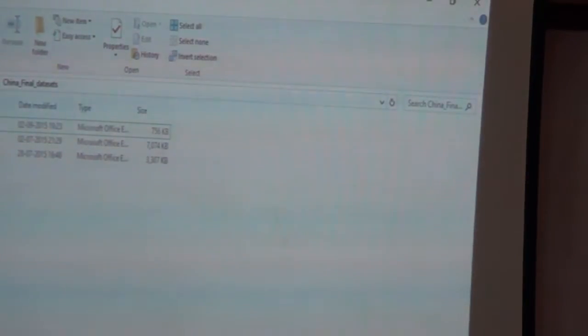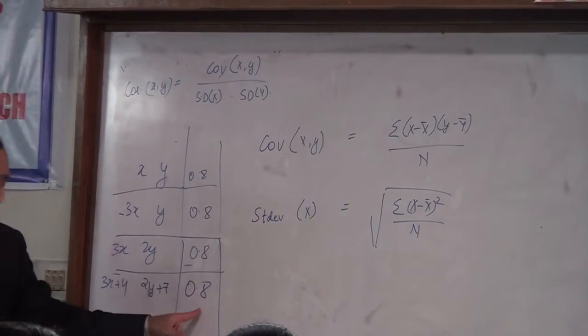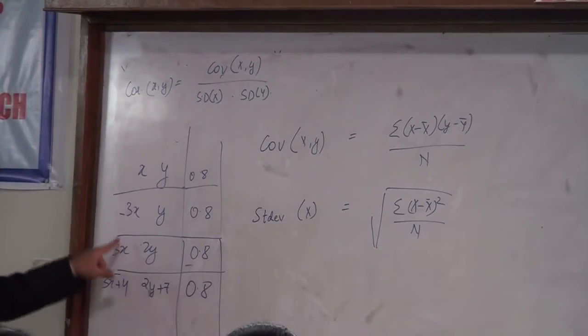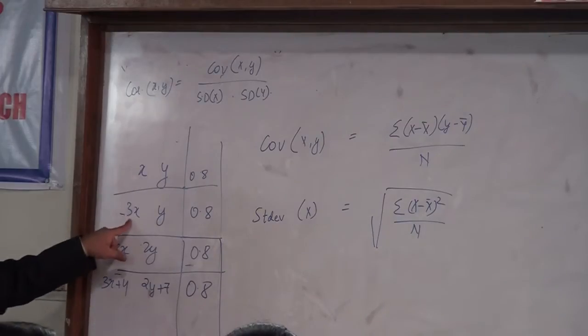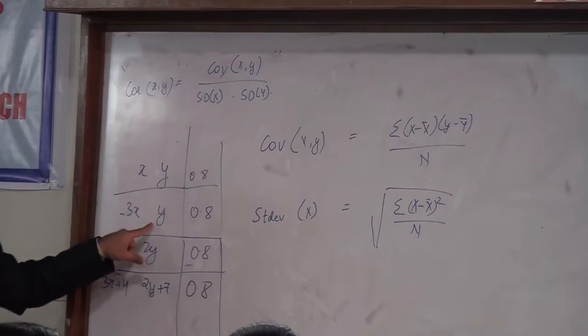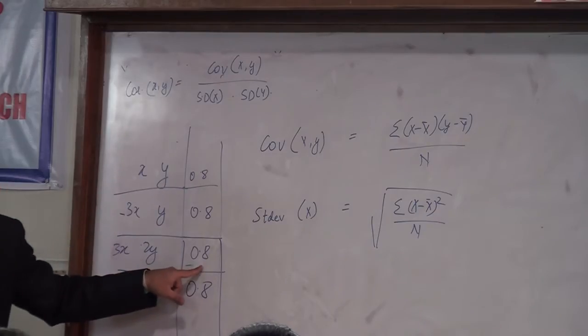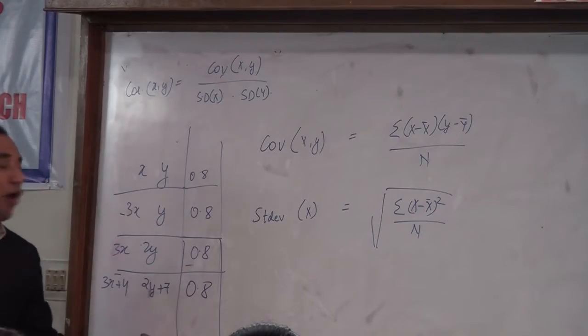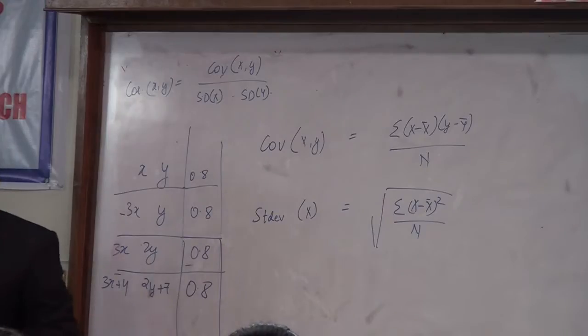Nothing. They are only telling this. So whether my origin is 0, 0 or my origin is 4 and 7, my correlation will be the same. Whether my scale is pure x or 3x, whether my scale is pure y or 2y, it will remain the same. Hence, we always use correlation and we do not use covariance.